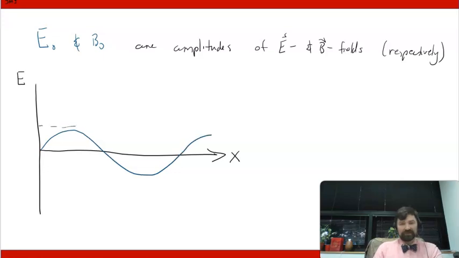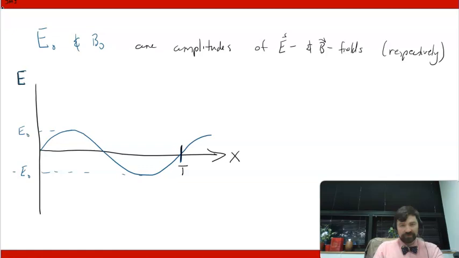And this value right here, at the peak, this would be E naught. So I guess in blue we're drawing E. This right here should be negative E naught. And this right here, we've completed one whole cycle. This would be the period T. I'm actually going to label that part in black, however.